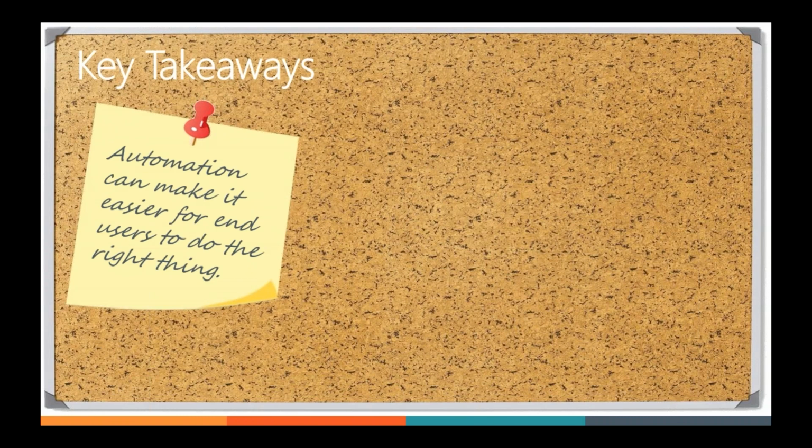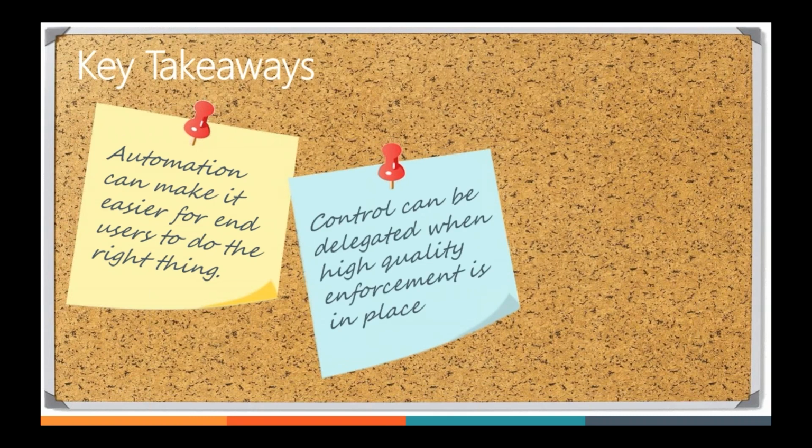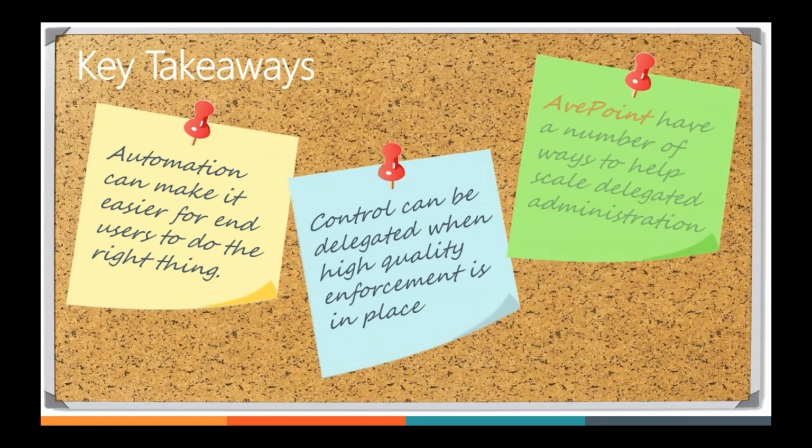First one is making sure that automation is there for users to do the right thing, to make sure users understand what they've got, and also they then make sure it's got the appropriate level of governance around it. The second one is around making sure there's control, and the delegated enforcement is in place to enable that. And the third one is around making sure that we've got a number of ways to help you scale that.